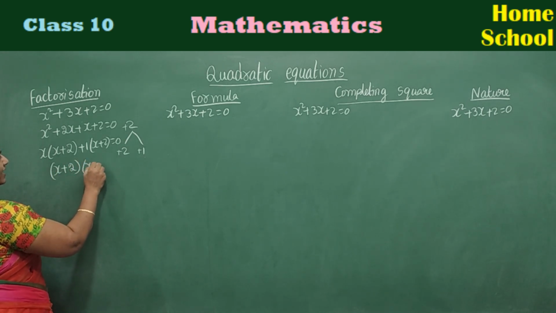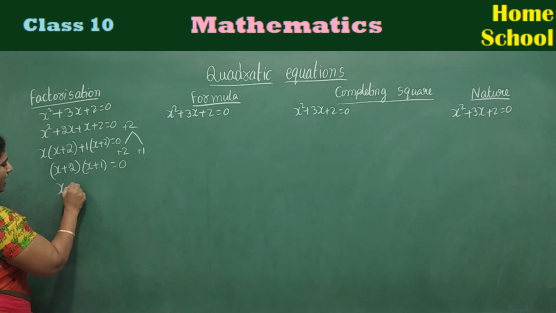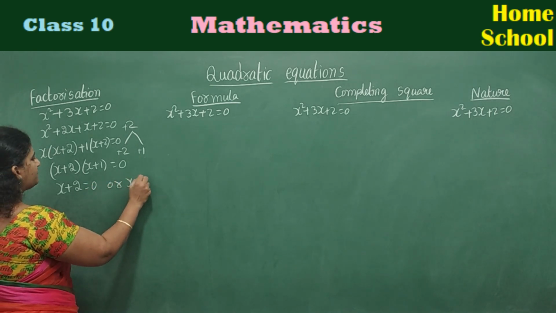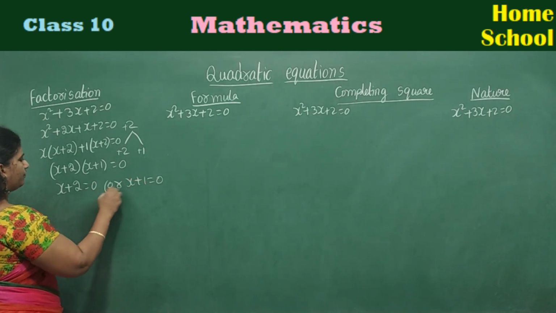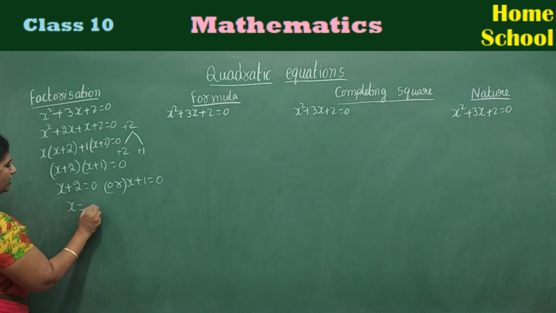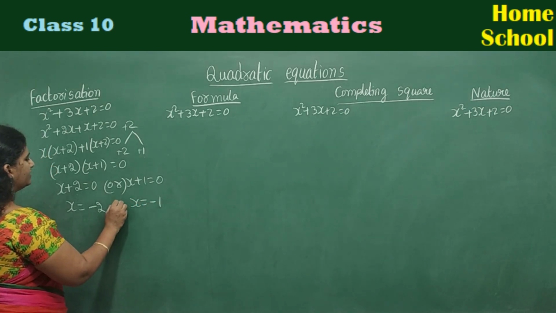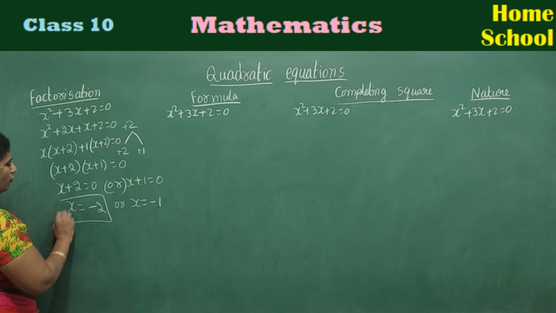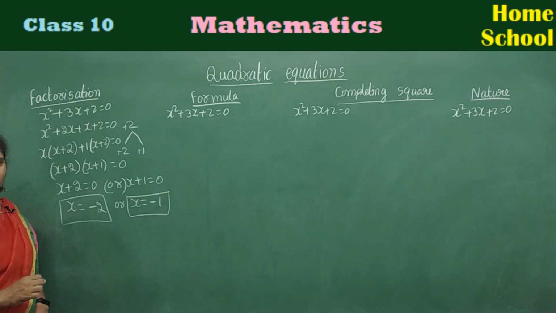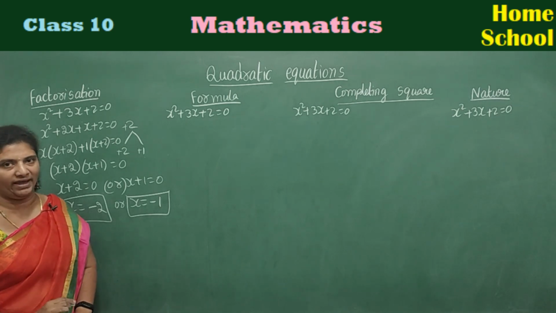Take out x plus 1 is equal to 0. Now x plus 2 equal to 0 or x plus 1 equal to 0. Transpose to the other side, x is equal to minus 2 or x is equal to minus 1. So therefore, the roots of the given quadratic equation are minus 2 and minus 1.